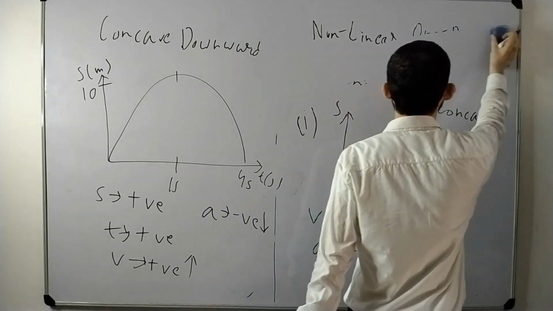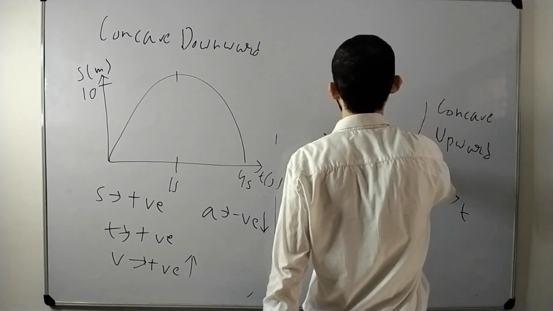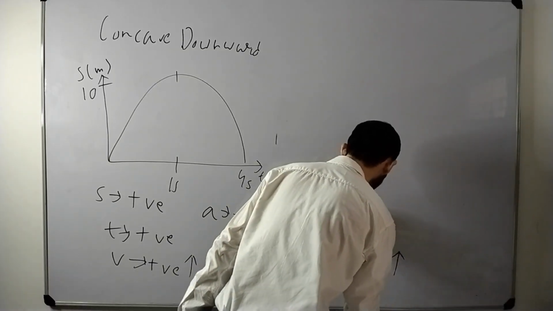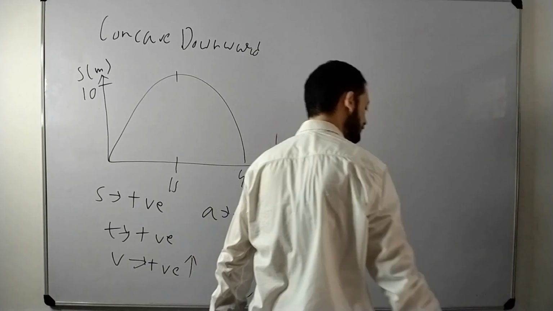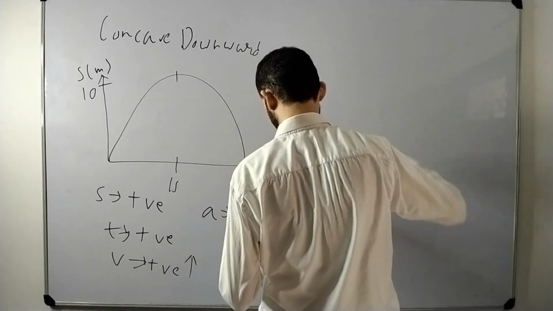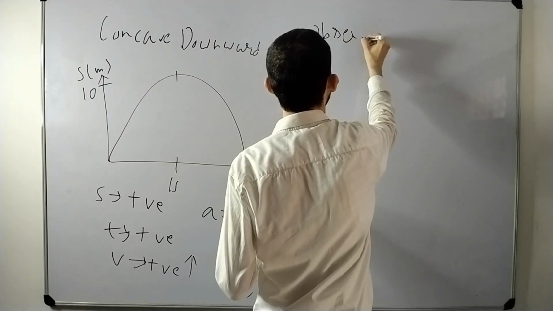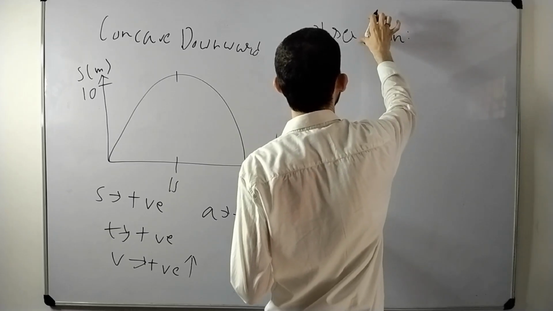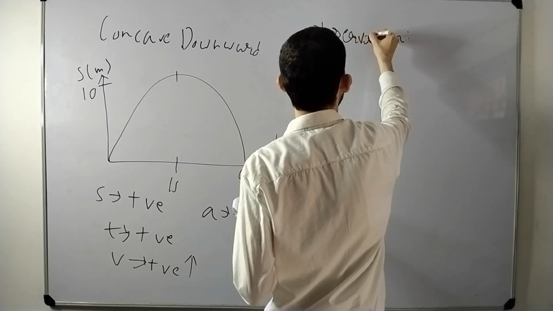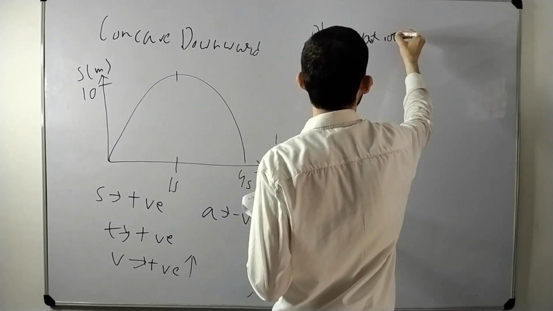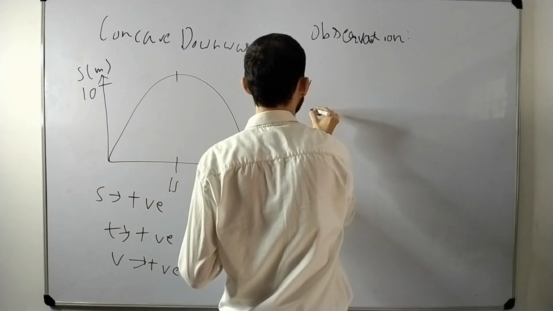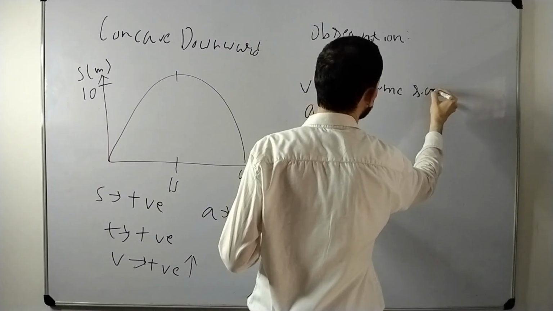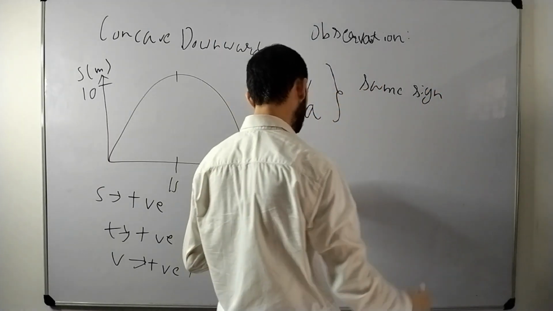The next part, what does the next part say? It is the observation, students, that we will write now. See the observation. What should I write about observation? First observation: V and A, same sign, speed increases.